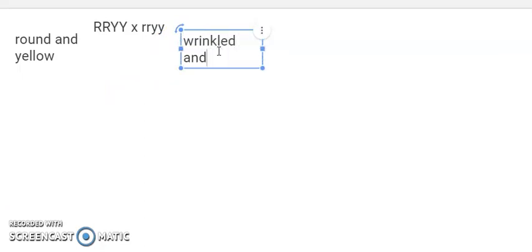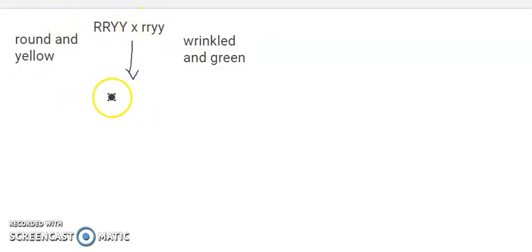Wrinkled and green. So this is the parental generation, and when these two are crossed together, what do they form? They form the F1 generation, which is capital R, small r, capital Y and small y, right?